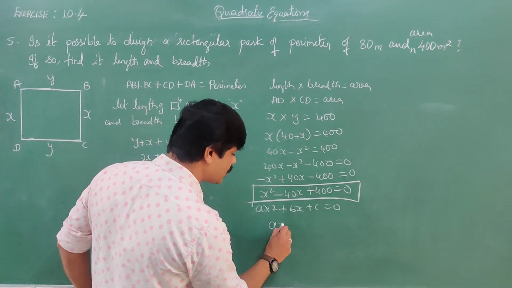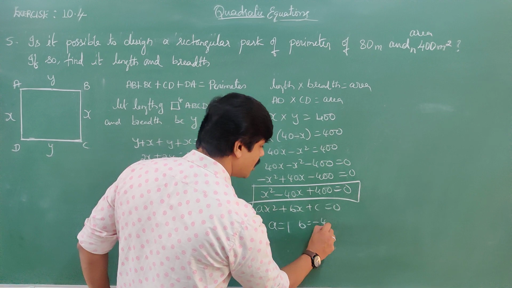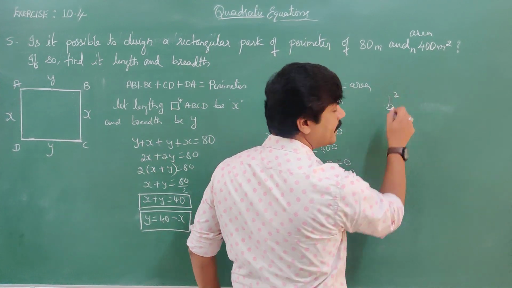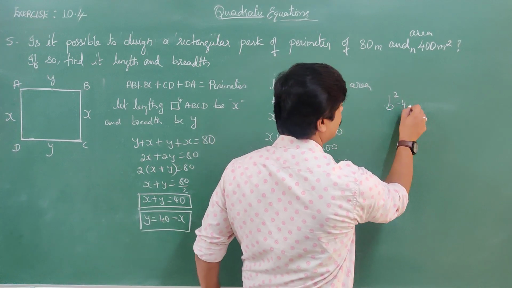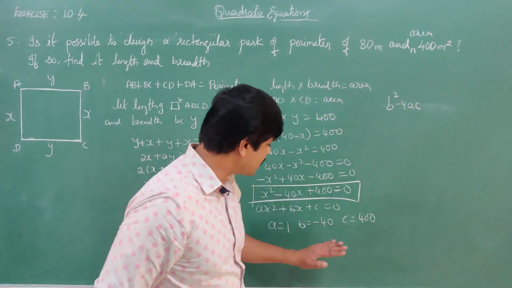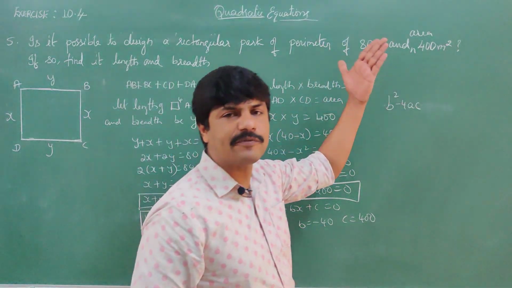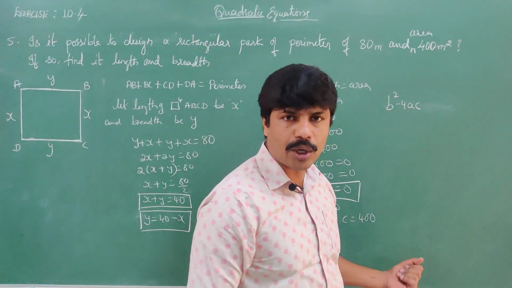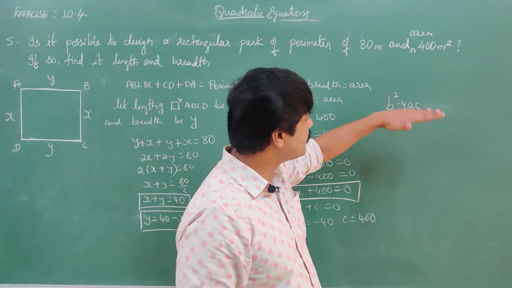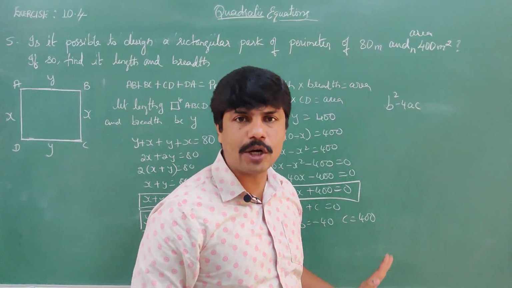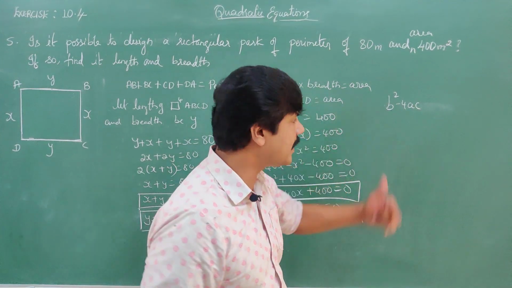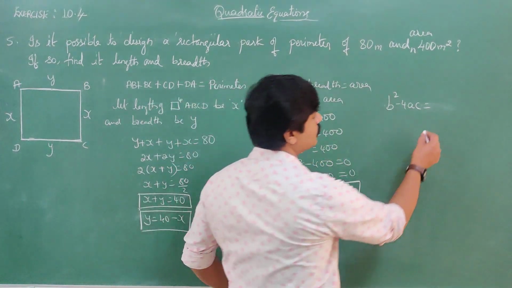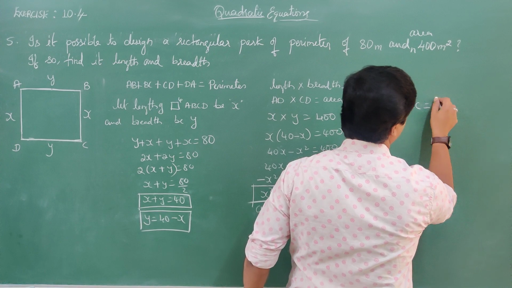Thus A is equal to 1, B is equal to minus 40 and C is equal to plus 400. Substitute here in B square minus 4AC. If B square minus 4AC is not less than 0, then it is possible. If B square minus 4AC is less than 0, then it is not possible, as in the previous question. Understand? What is B square? Minus 40 whole square.